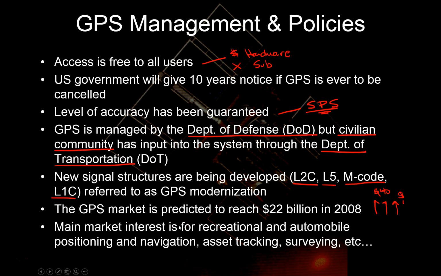The iPhone's Find My iPhone feature and things like that are largely facilitated through the use of GPS. Surveying, of course, we'll be spending a lot more time talking about the precise applications of GPS. And the sky's the limit. Pretty much whatever your brain can brainstorm, GPS is being used in more and more applications each and every day.